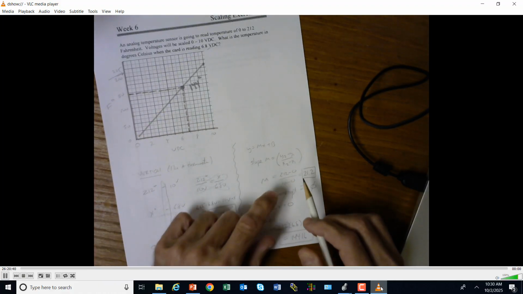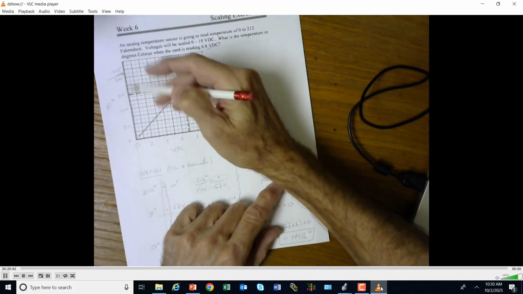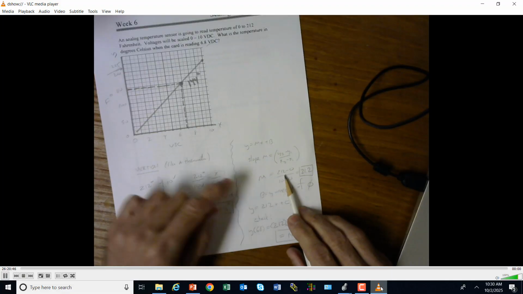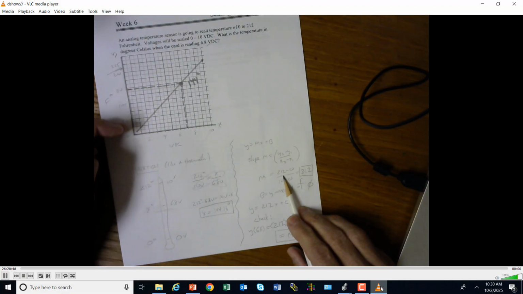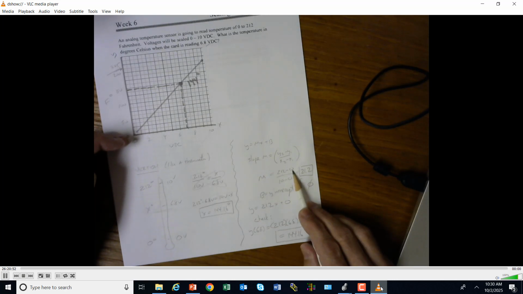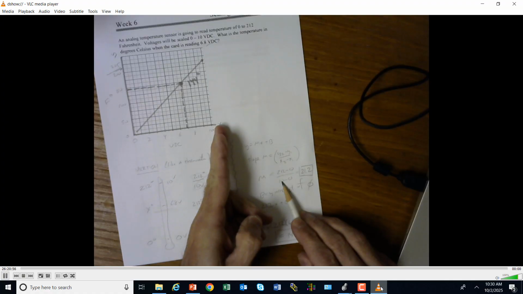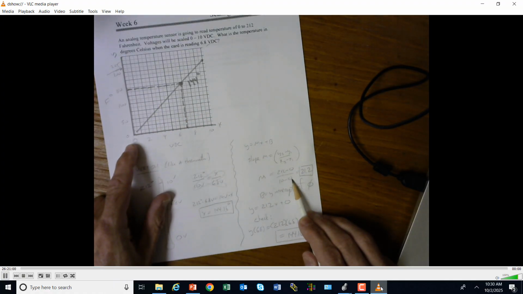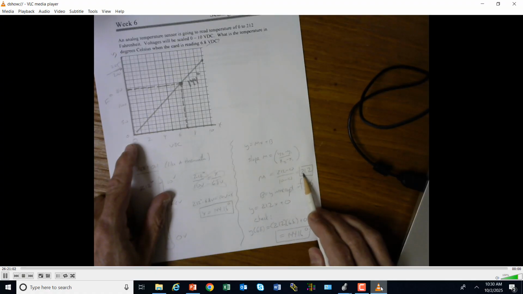The highest y was 212, the lowest was 0, so 212 minus 0. The highest x was 10, and the lowest was 0, so 10 minus 0. And so you get 212 over 10, which is 21.2.